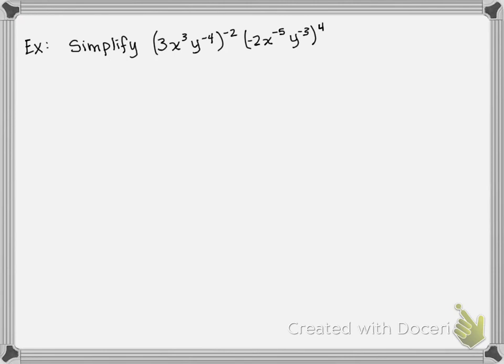So if I start with my questions, I'm like, are there parentheses? There are parentheses, so that's where we use the power rule or the power of a product or quotient rule. In this case, I need to apply the exponent of -2 to all 3 factors inside those parentheses. So I've got 3 to the -2.